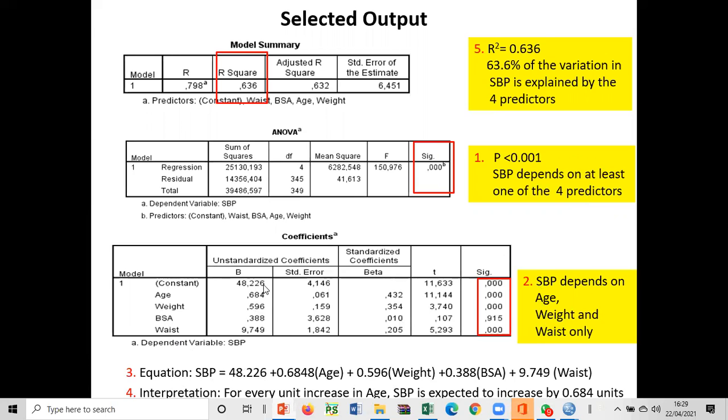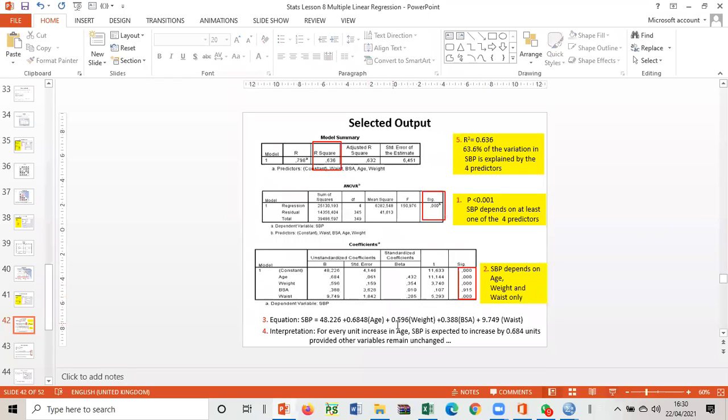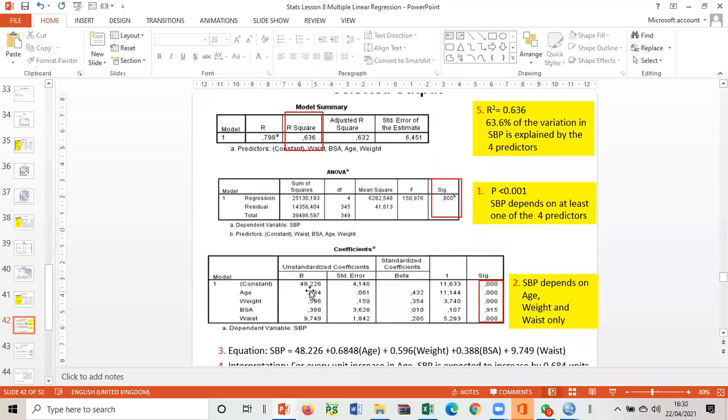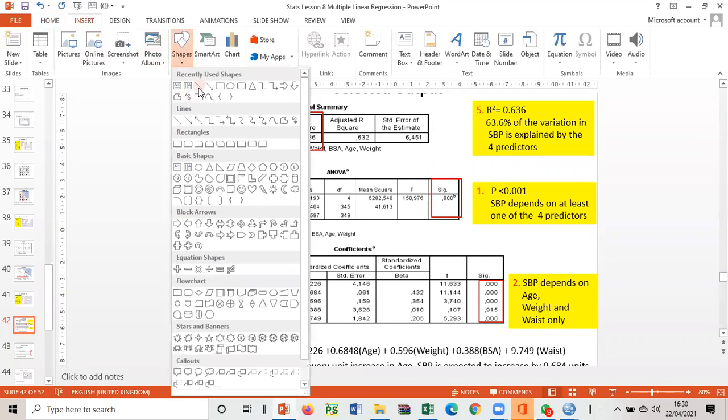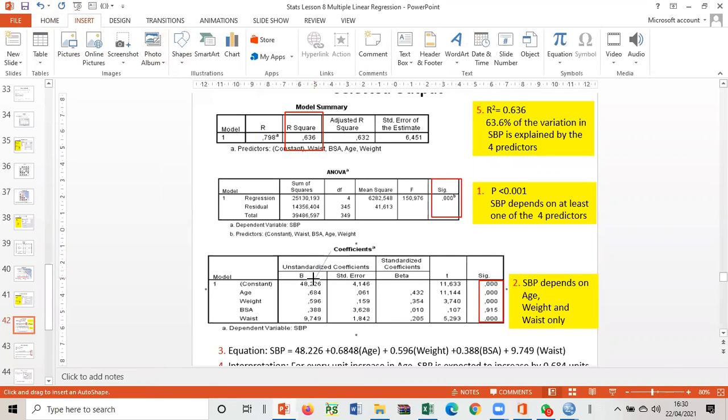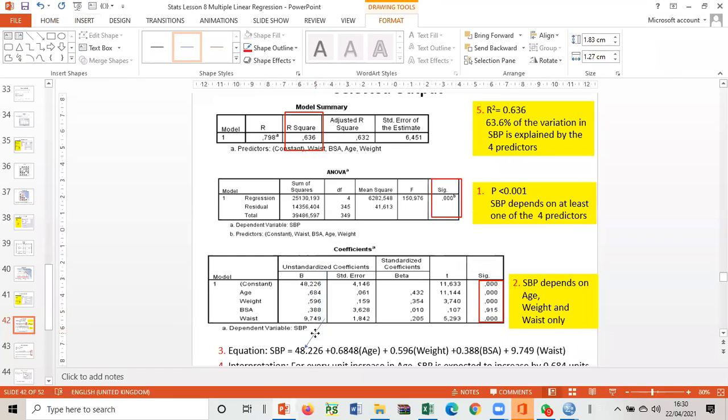So BP equals 48 plus 0.684 for age, and that's for weight, and that's for BSA, and this for the waist. The 48 is a constant. Constant goes there.